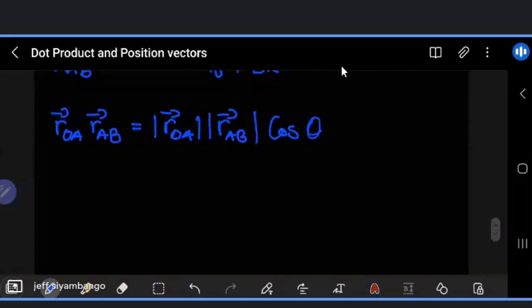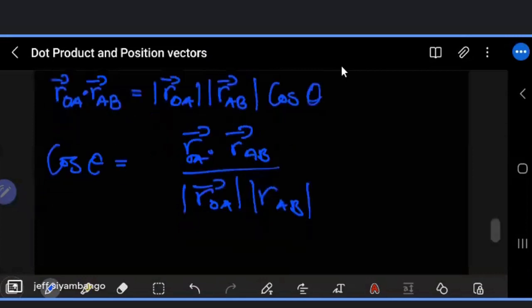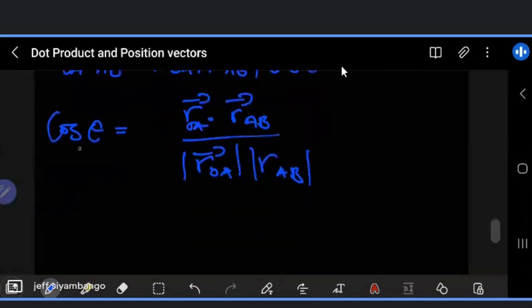From here, we can try to make cos theta the subject. Cos theta becomes equal to the dot product, divided by the magnitudes. So in the end, we just have cos inverse here.